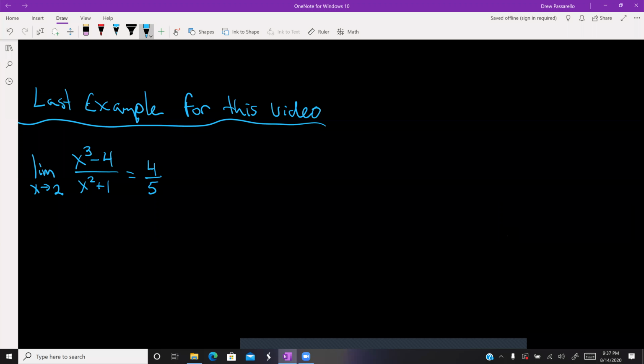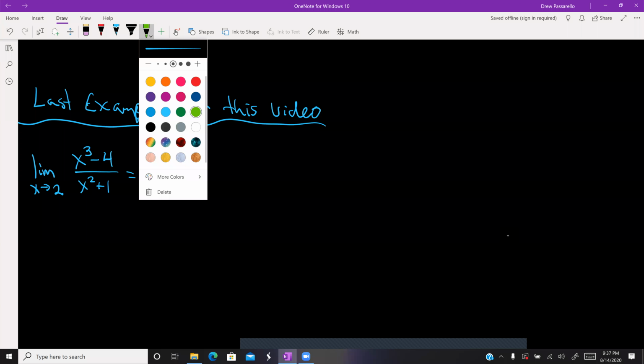All right, so the last example, limit as x approaches 2, and our function is x cubed minus 4 over x squared plus 1, and it's going to equal 4/5. That's what we need to show. So this one's going to involve a little bit of scratch work.